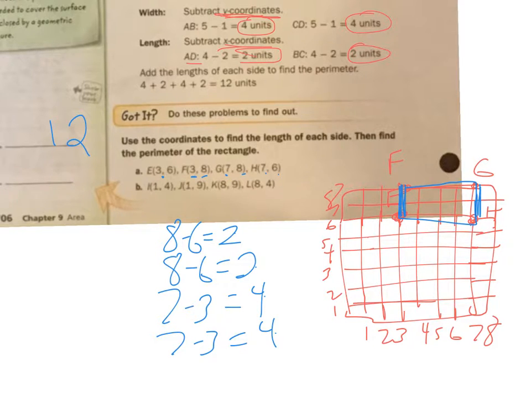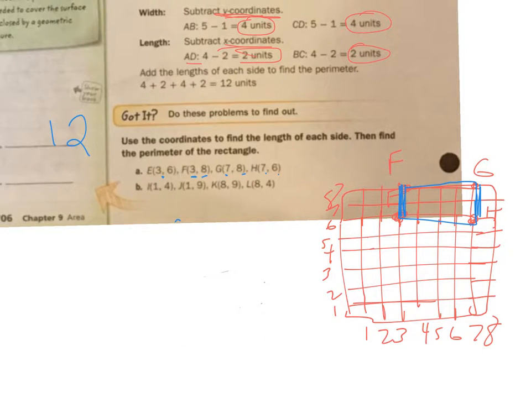All right. Now, I'm going to try and do B without putting it on the graph. Okay. So, I need to subtract things that aren't alike. So I have this 9 and 4. 9 and 4, oopsie. 9 minus 4 equals 5.